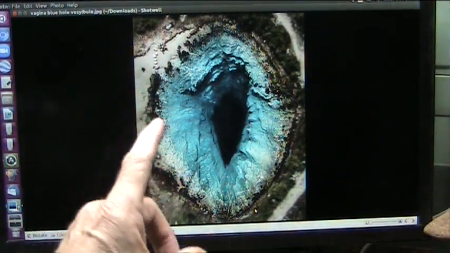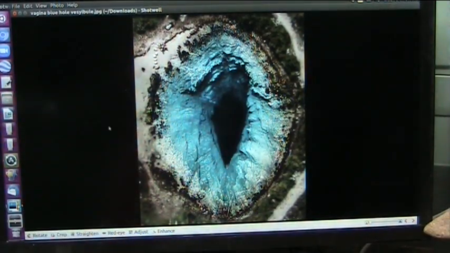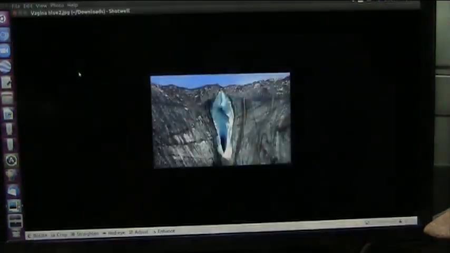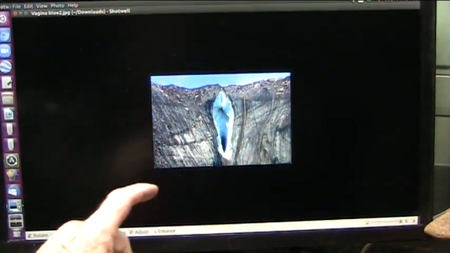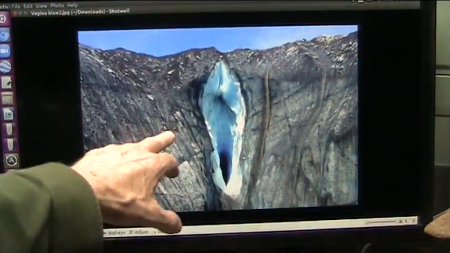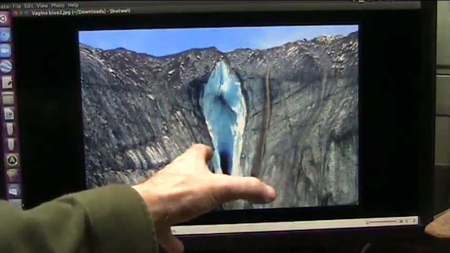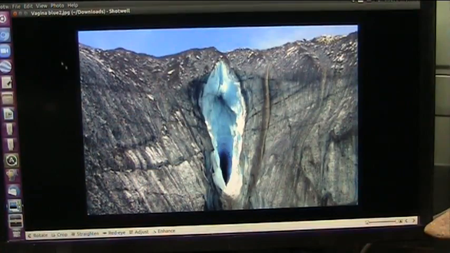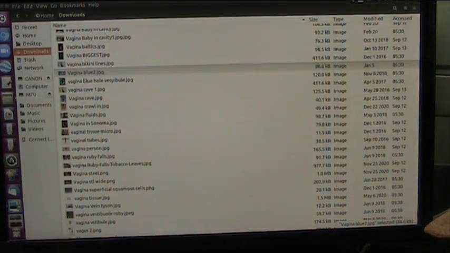But I see a lot of blue, and you know what you're seeing there is blue. Here's another one. Now, this is out of ice, but I'm telling you right now, even out of the ice areas, you see all these things in here. This is some kind of tissue, but it's ice at the same time. I don't know. Some things are very, very strange and hard to explain.